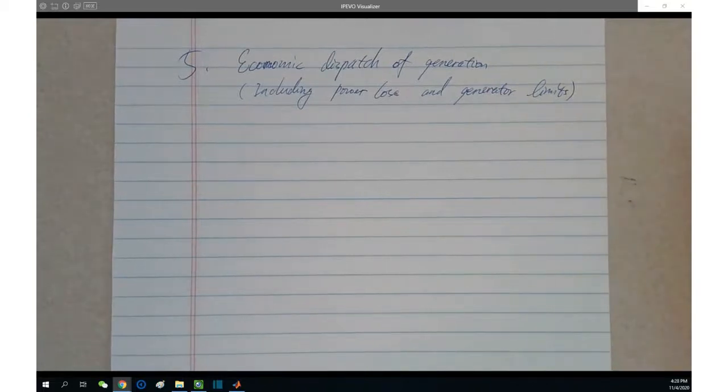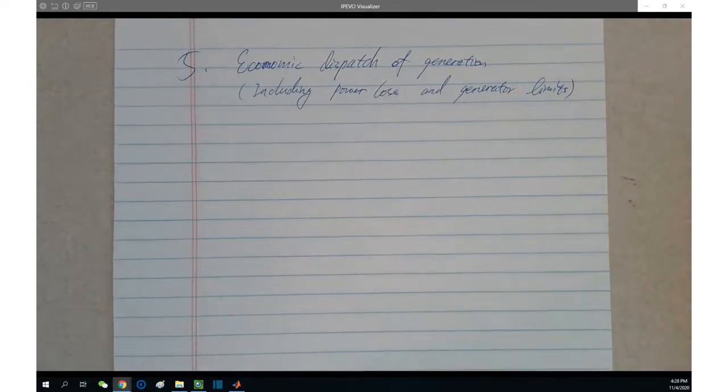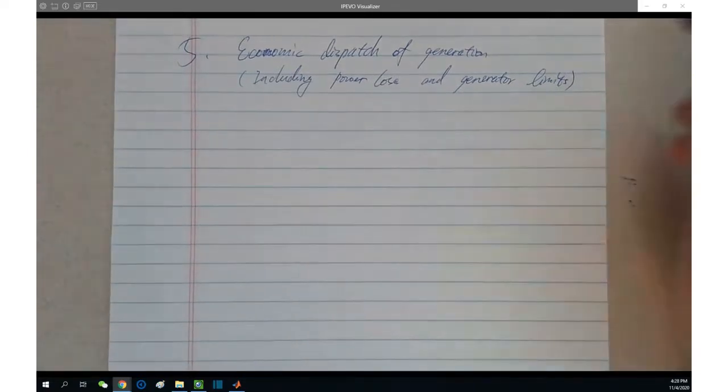Anyone has any idea how we involve them? The rough idea. We don't need to be very specific. Previously, we didn't. Now how do we involve them?